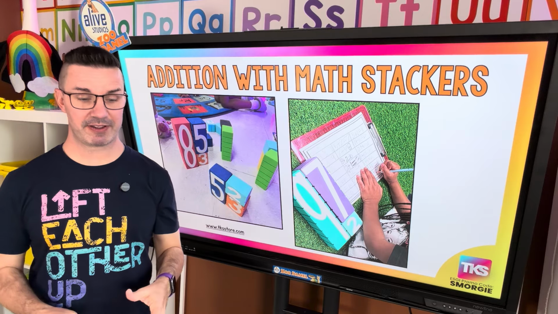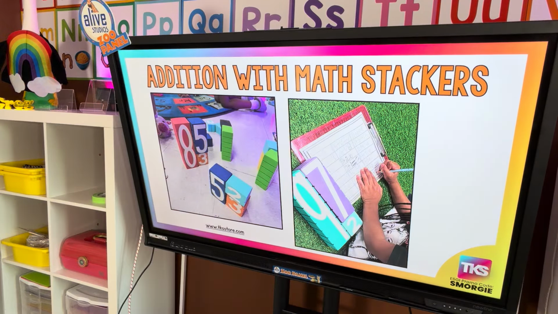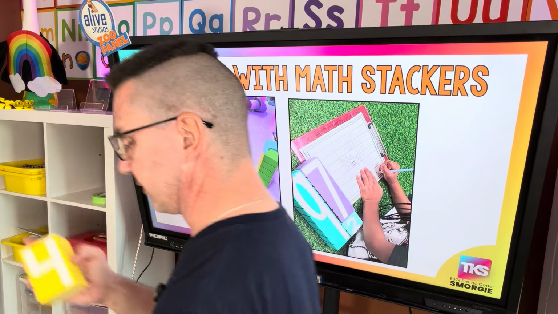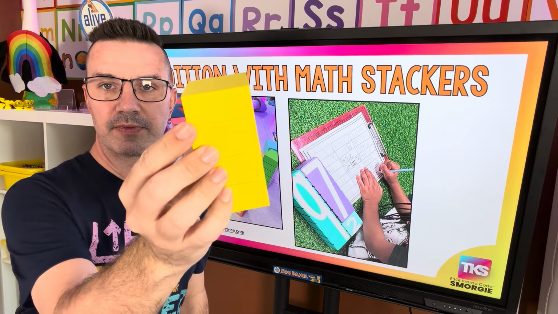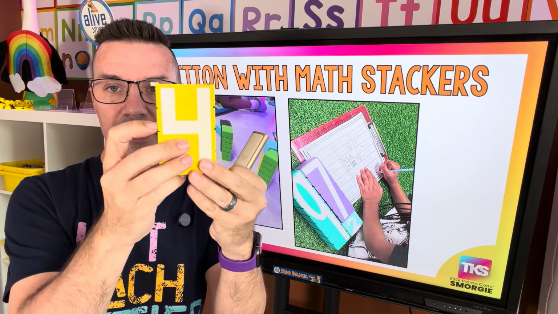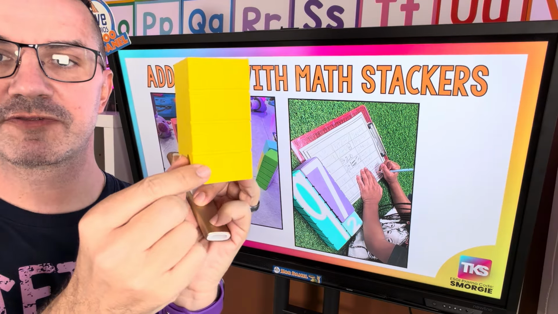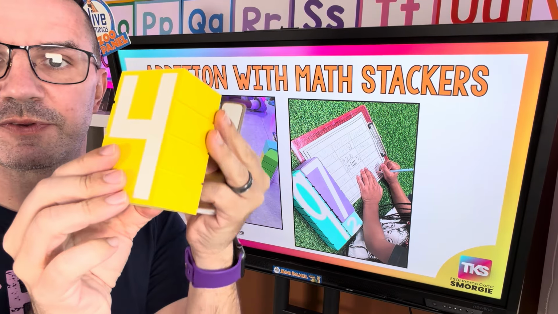These are some of my favorites. I'm going to step over here for just a second. These are called math stackers. They look like this. So they're foam blocks. And they're sectioned off, right? So the 4 has 4 equal sections, like the 10 would have 10.